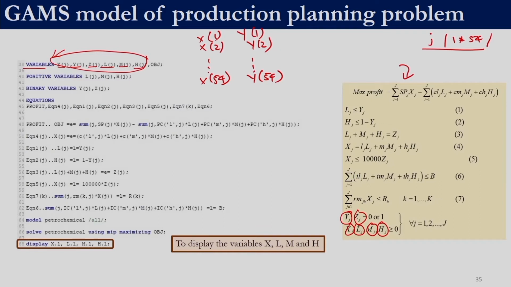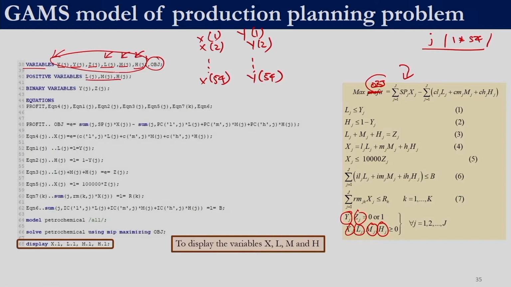And if you recollect our previous discussion, we need to define a variable for the objective function, right. So, in this case what we are doing is we are defining the variable to be obj. We will use the variable obj to determine the objective function value, right. So, among these variables which we have over here, lj, mj, hj are positive variables, right.